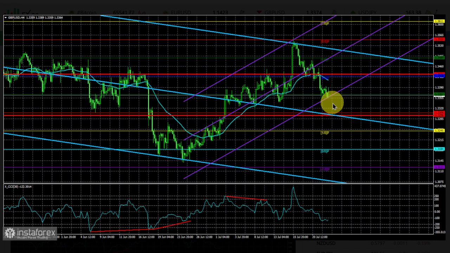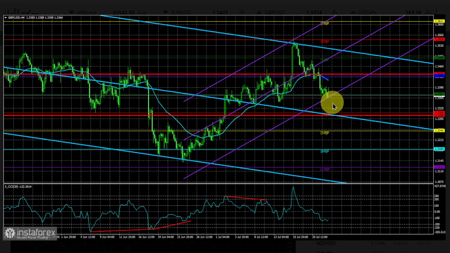However, the weekly time frame remains flat between 1.3150 and 1.3780 within a 4-year upward trend, allowing for expectations of a continuation of growth for the British currency in the medium term.